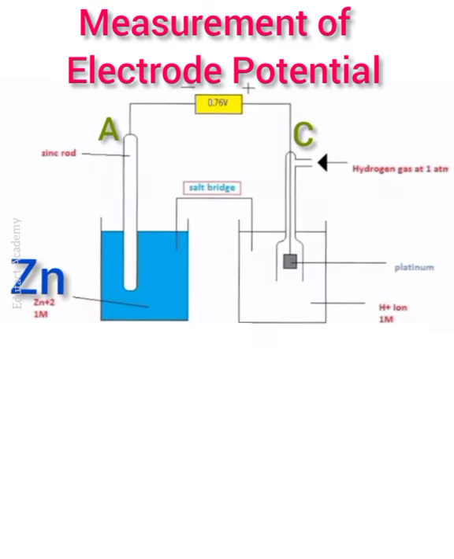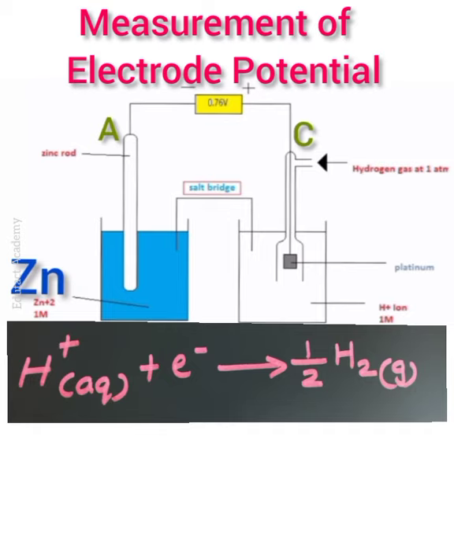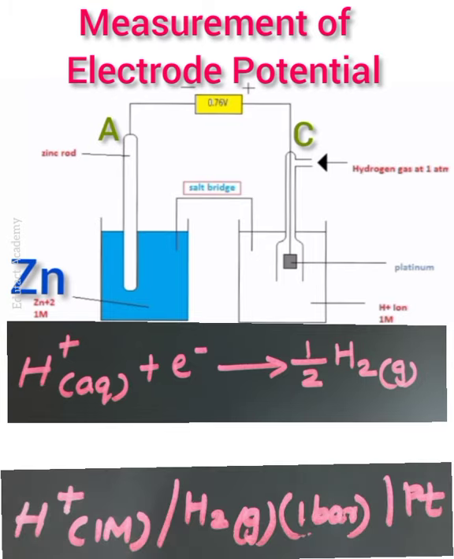Then the reaction is H plus plus electron gives half H2. Then it is represented as H plus concentration 1 molar, bar H2 in gaseous form, pressure 1 bar, bar platinum. That is, the representation as cathode is the reverse of the representation as anode.